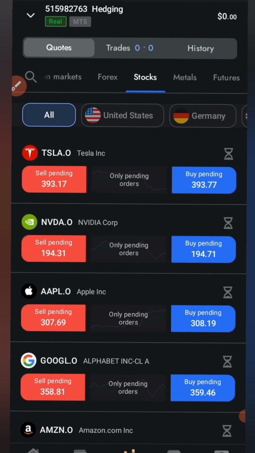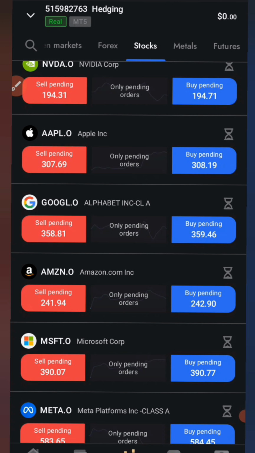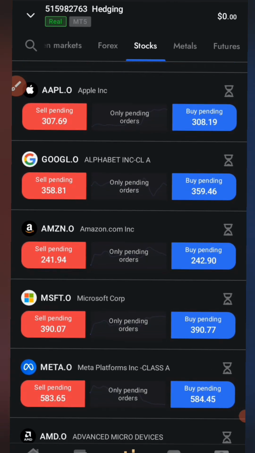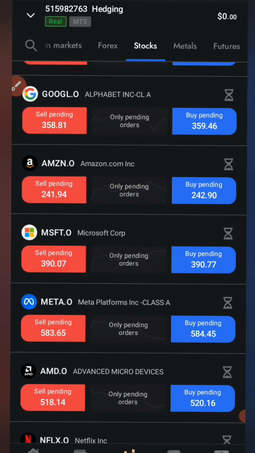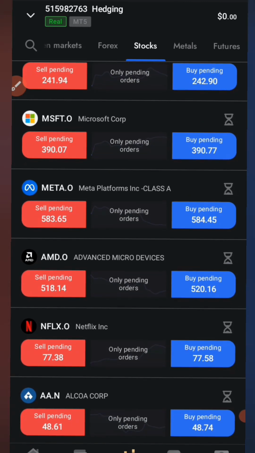Now, when we talk about stocks, we have Tesla, Nvidia, Apple, Google, Amazon, Microsoft. You can trade on these stocks. We have Meta and Advanced Micro Devices.